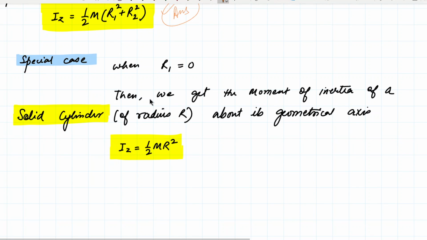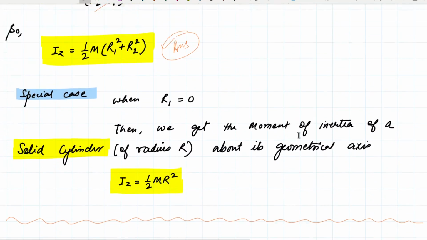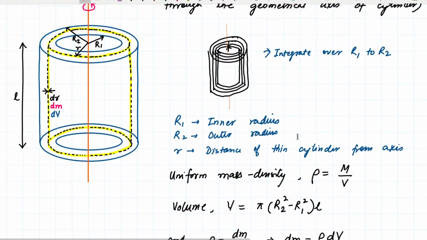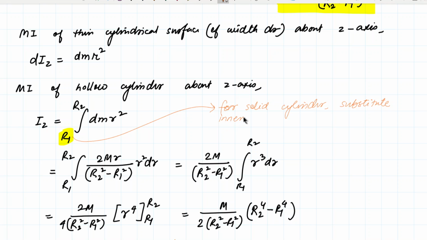Can we move ahead to the next? Yes, sir. Okay, so let's move ahead to the next, which is that of a solid sphere. Okay, so we have done the case for a cylinder. अगर solid cylinder आता है तो ये same problem आप करना. Instead just put, so for a solid cylinder, substitute inner radius with 0.